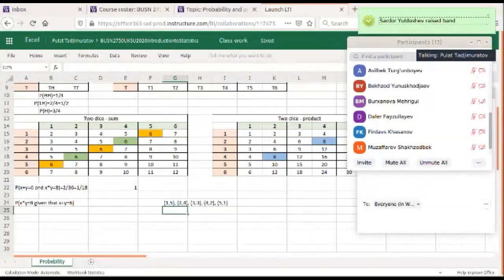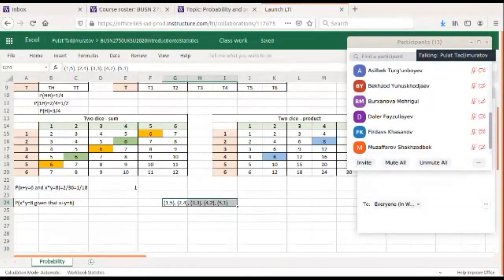Yep, so the only possible ways we can get 6 is these 5. So here we know that the dice are in one of these 5 configurations. So there are only 5 possible outcomes in total.